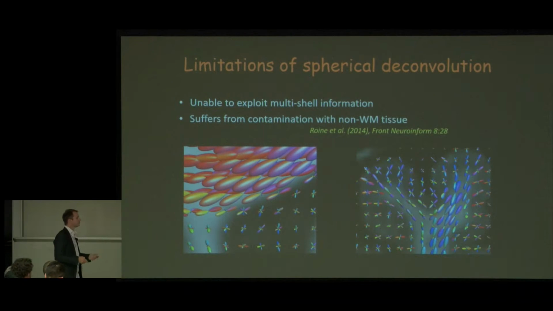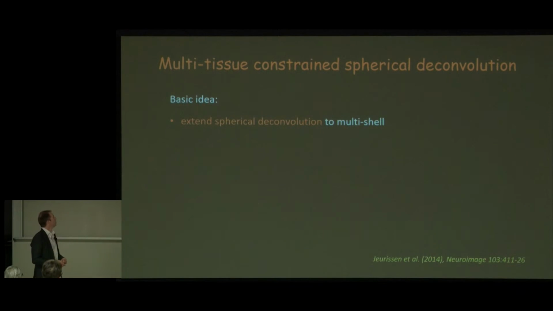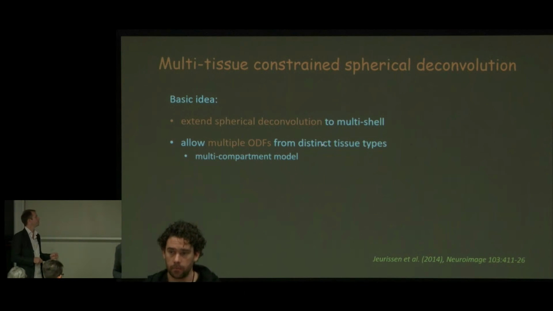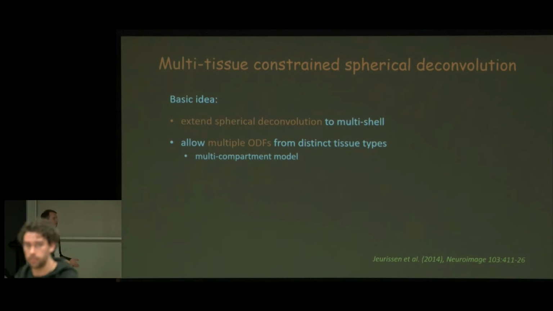So what can we do about this? That also is a problem when you do tractography, because it's not uncommon, for example, to track from one gyrus to the next in ways that are clearly not physical. So we came up with this idea of multi-tissue CSD. The idea is to extend spherical deconvolution to multi-shell, which is easy to do, but now allow multiple ODFs from distinct tissue types simultaneously.